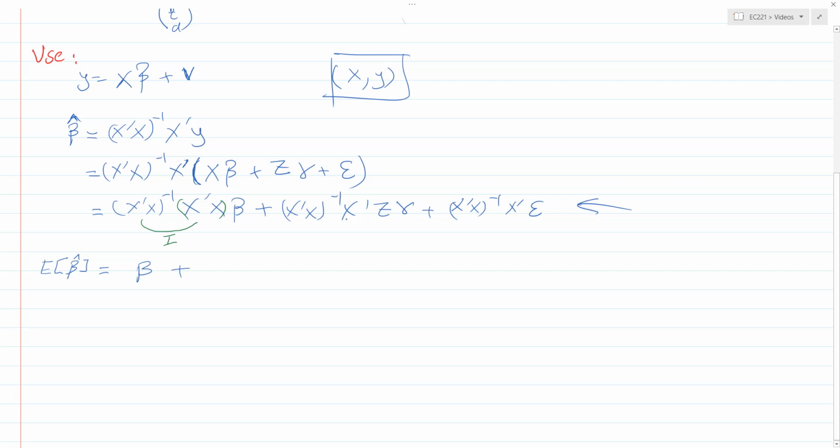Now, as we said, the x's are fixed by us. We're choosing them to be one value, not random. Z is the same. Gamma is just a vector of constants. So the expectation of something constant is the constant itself. Gamma. Plus, again the same case here, x prime x, all the x's are fixed, so take them out of the expectation.